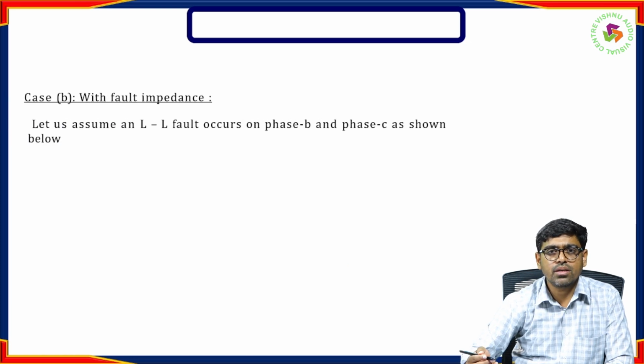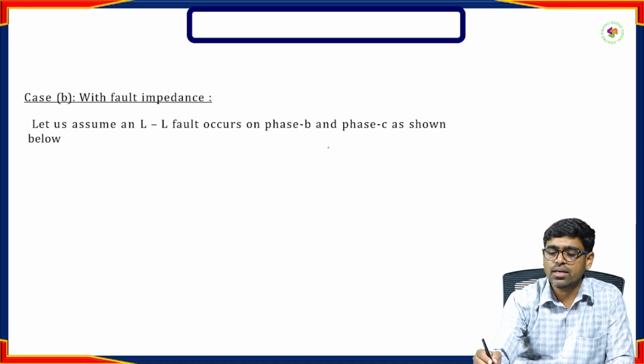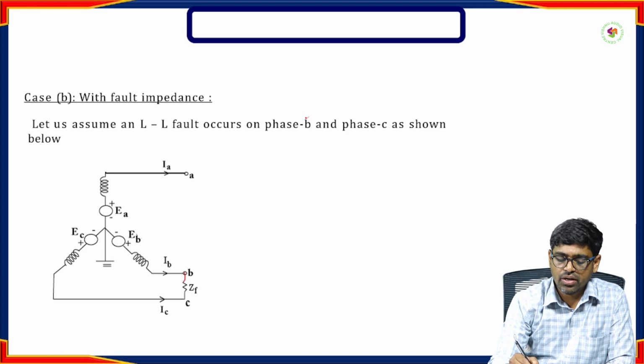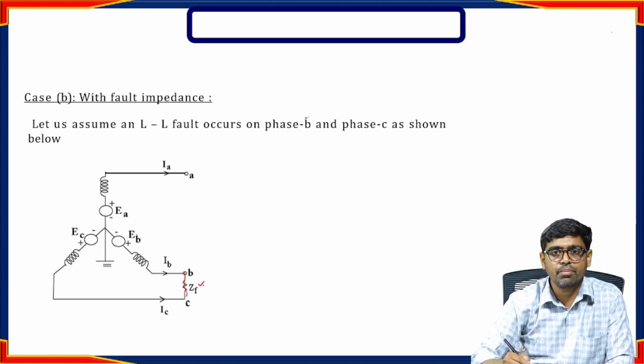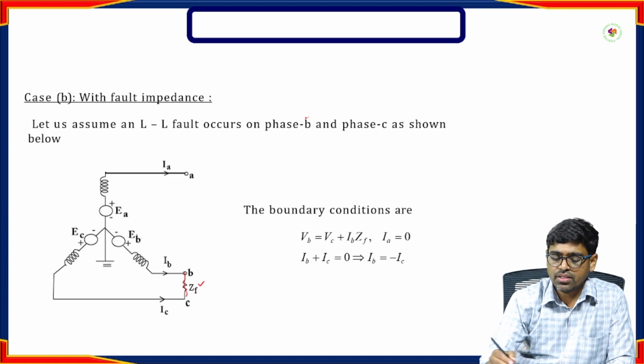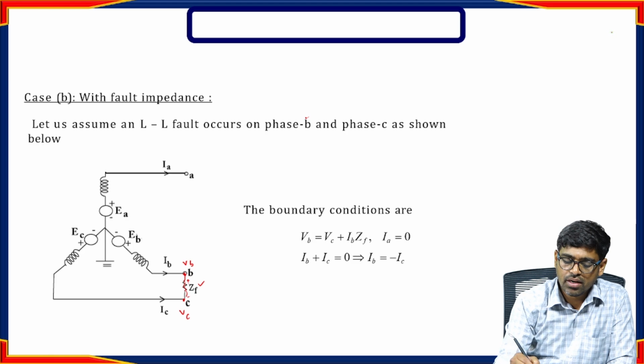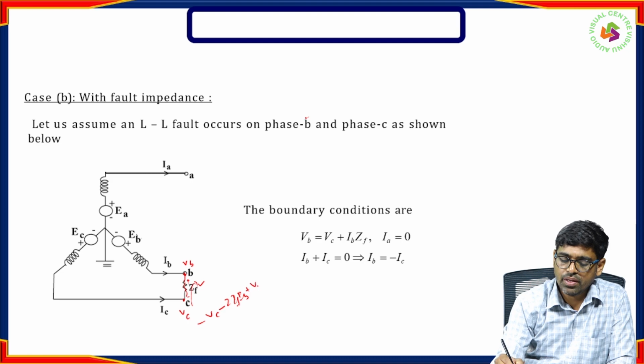Now, double L fault with fault impedance. Let us assume that a double L fault has occurred on phases B and C, shown here with a fault impedance ZF. From this you can see VB and VC, and if you take the loop analysis, minus VC minus ZF into IB plus VB equal to 0.